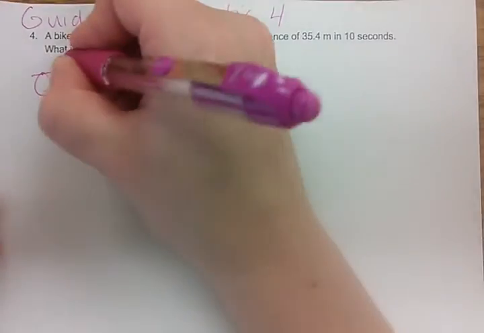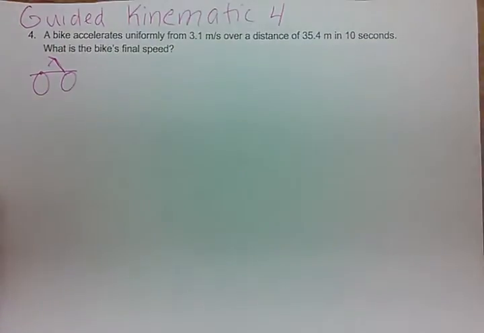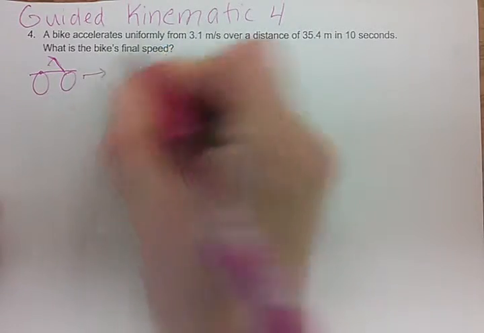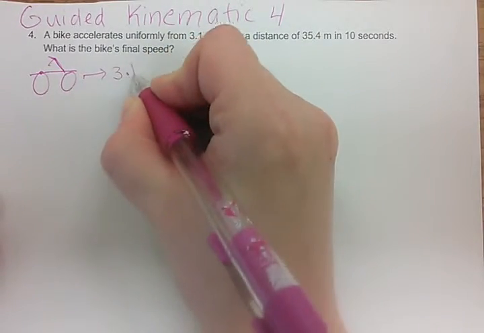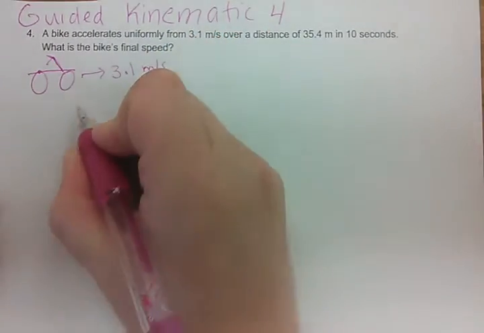And that's pretty much the best bicycle I can draw. I'm assuming there's a person riding that bicycle, but I don't feel like drawing that much, and the problem doesn't mention a person. Anyway, it accelerates uniformly from 3.1 meters per second.